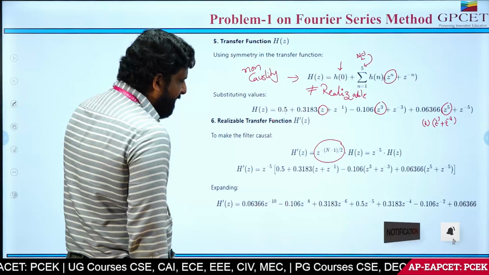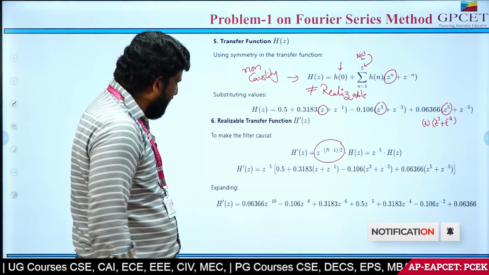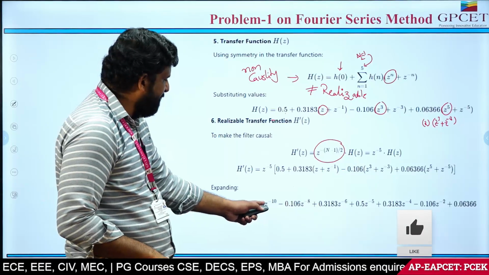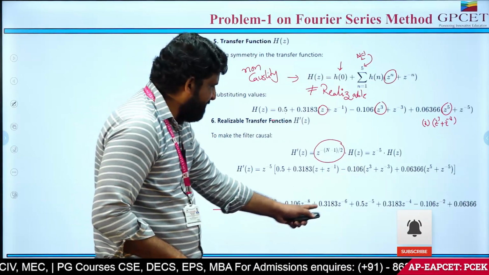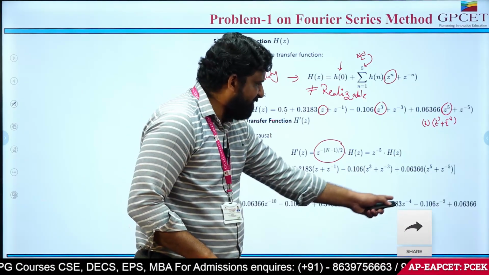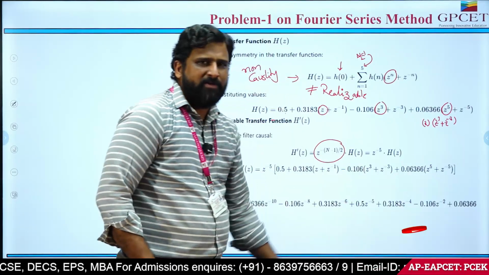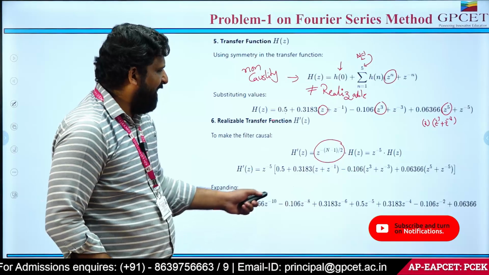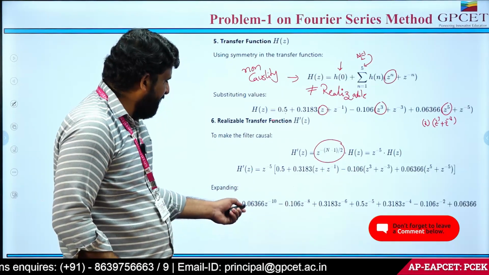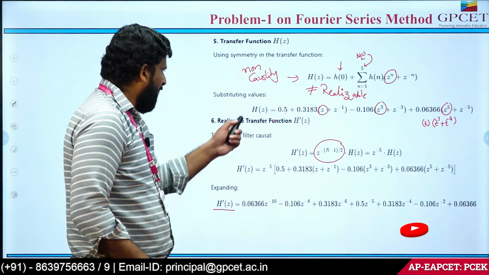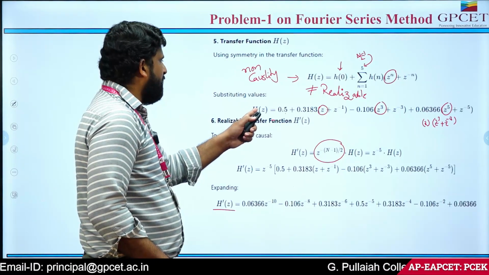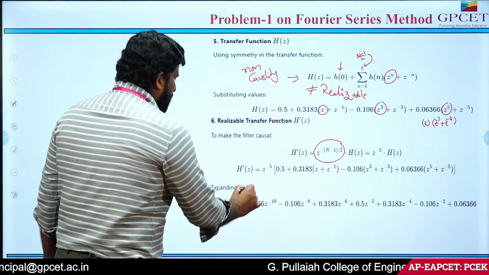After doing this multiplication, you can see the finalized factor which is H inverse of z. So 0.06366 into z power minus 10, z power minus 8, z power minus 6, z power minus 4, minus 2, and so on. So you can see there are no positive terms, that is positive factors. So with this, what we have done, we have converted the H(z) into H inverse of z, so that the non-causality function becomes a causality function.